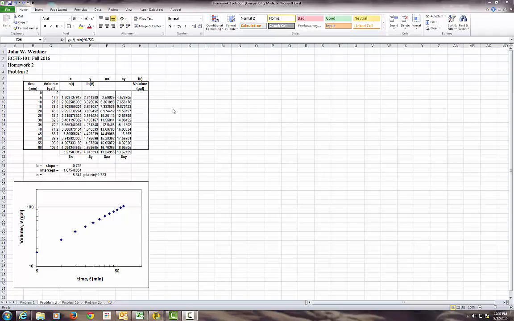Now that I have A and B, I can go ahead and calculate the volume for each time. And to do that, I put in my power law. So that equals A times T raised to the B. Now, there's nothing wrong with this. However, when I copy it, all my numbers will get updated, and I don't want A and B to get updated.